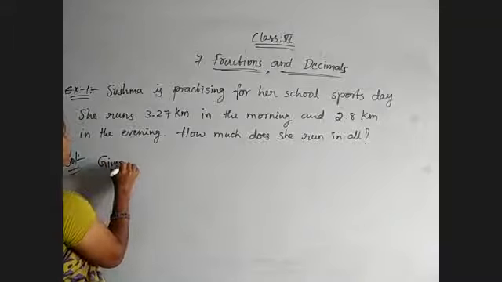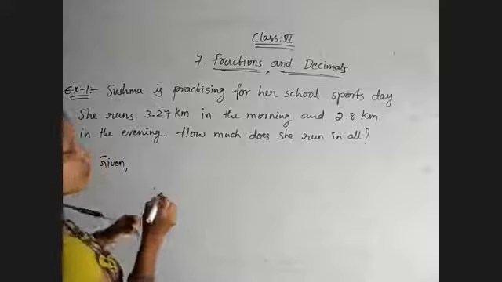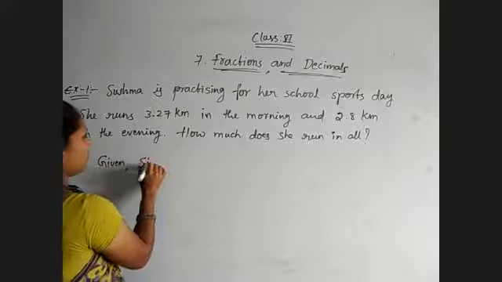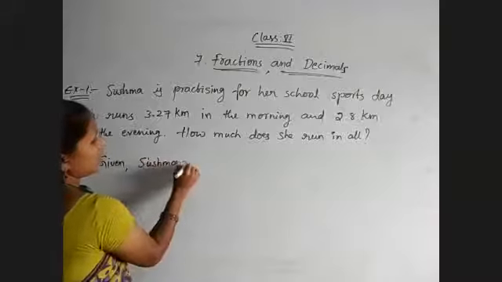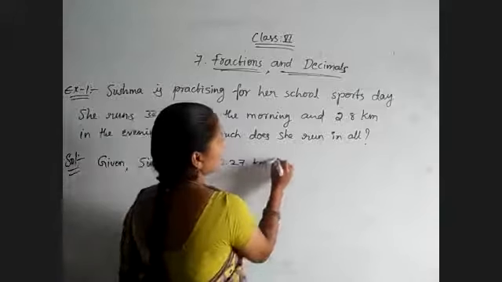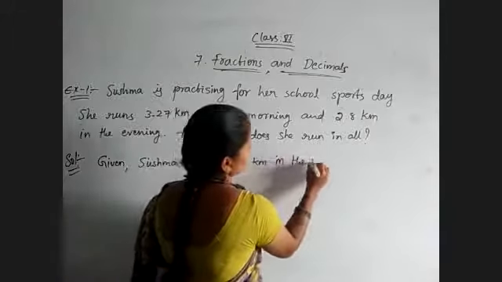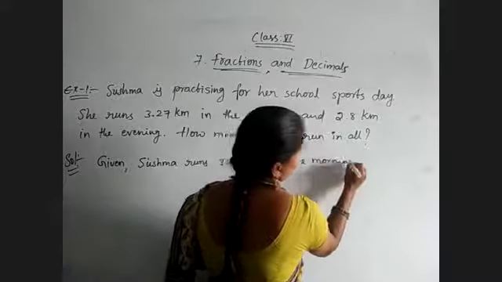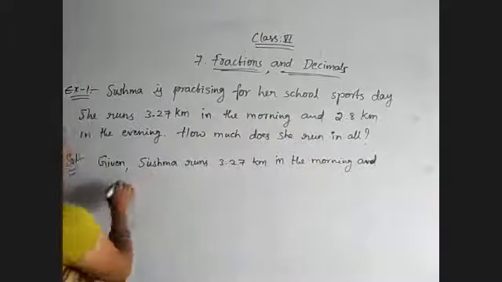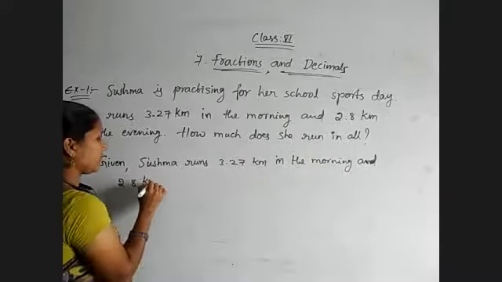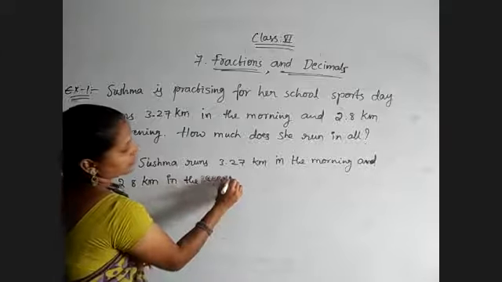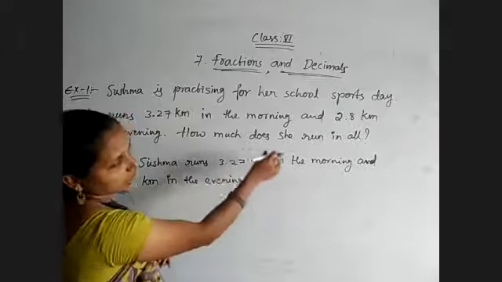Given: Sushma runs 3.27 kilometers in the morning and 2.8 kilometers in the evening. This is the given information. How much does she run in all?